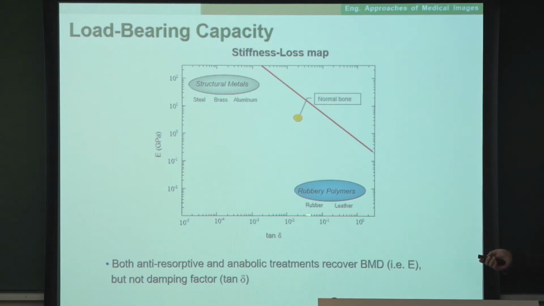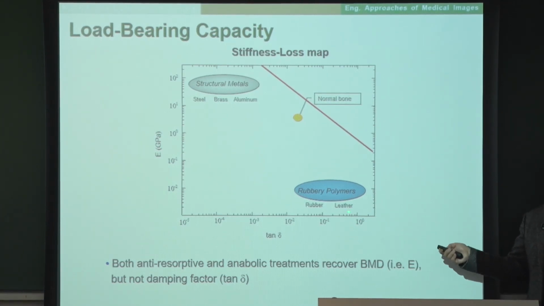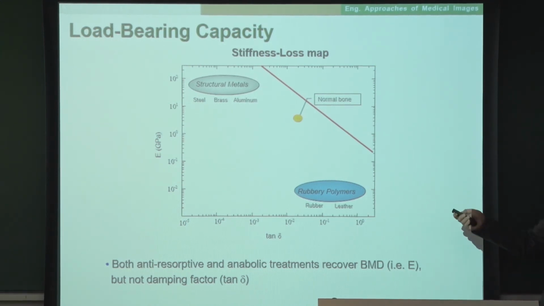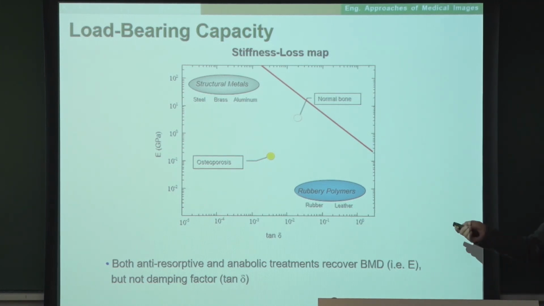But rubbery materials like rubber or even leather usually have a low modulus but higher damping. Our bone is located at a moderate modulus as well as moderate damping. So if osteoporosis happens to this normal bone, it's not just a modulus problem, but also a damping problem.